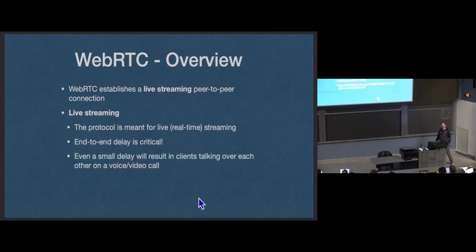Delay is critical. How much lag you have in that connection is of critical importance. Even a very small amount of lag in a video call can completely break things down. If you've ever been on a video call where you have a quarter of a second of delay, it's almost unusable. You start talking over each other constantly. Nothing really gets communicated.